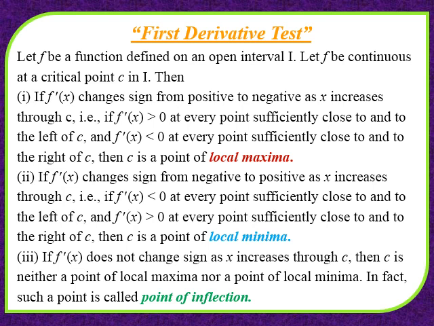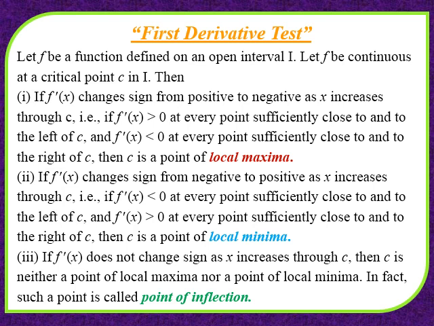Now if f'(x), that is the first derivative of f, is greater than 0, that is positive, to the left hand side of c, that is if I have point c on the number line, then less than c to the left hand side, if f'(x) is positive, and if it is less than 0, that is negative, on the right hand side, then we say that this point is the point of local maximum.